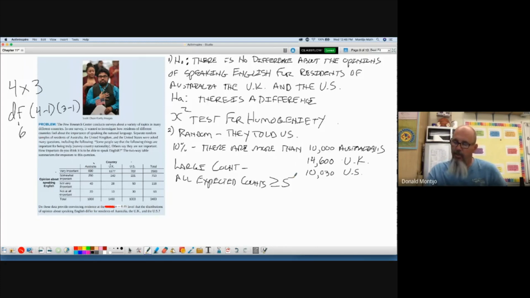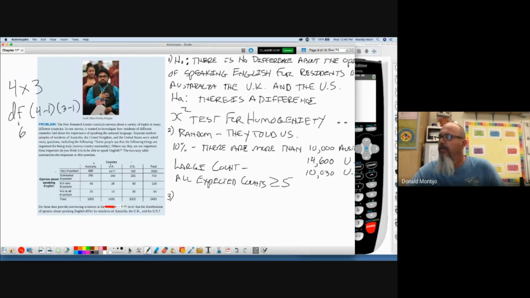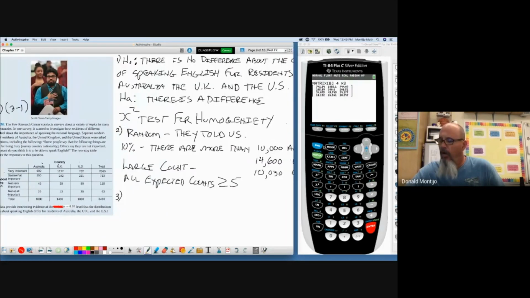And in doing that, I kind of already have done all the work, right? I let the calculator find the chi-squared and all that stuff for me. So let's go back and get that screen to come up. Stat, test, chi-squared test. Remember, this is not a goodness of fit test because that's for a one-way variable or only one categorical variable.